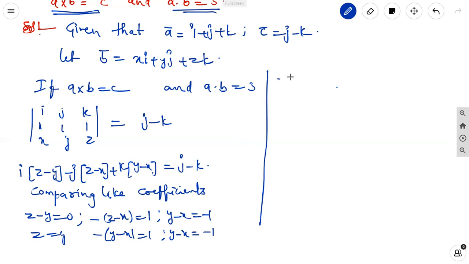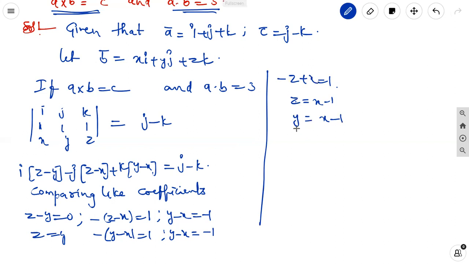From the second equation, minus Z plus X equal to 1, so Z equal to X minus 1. Here Y equal to X minus 1.